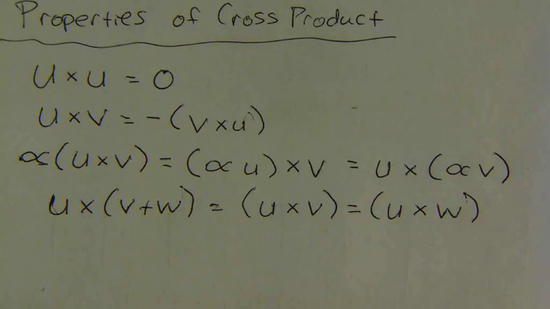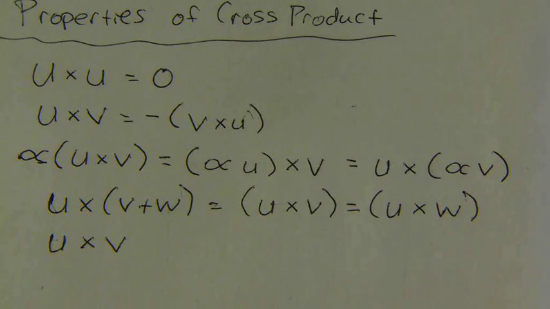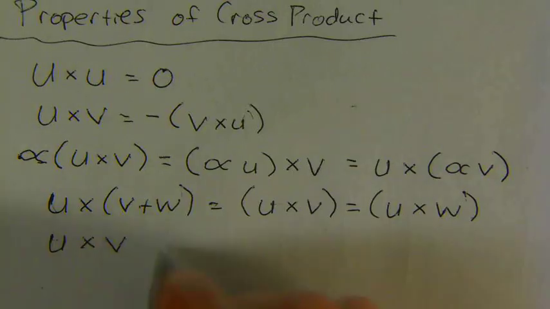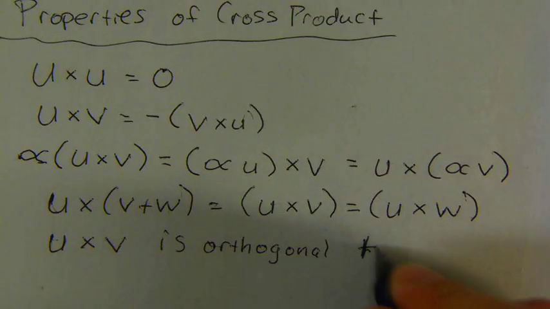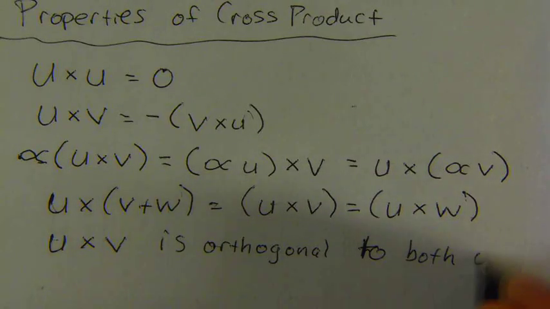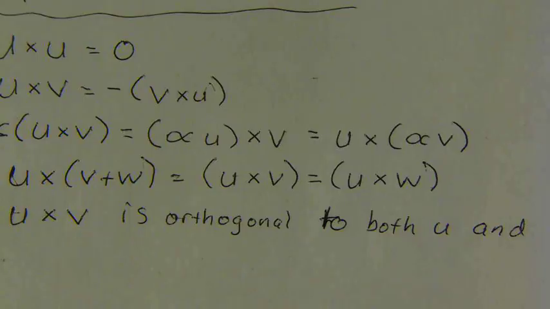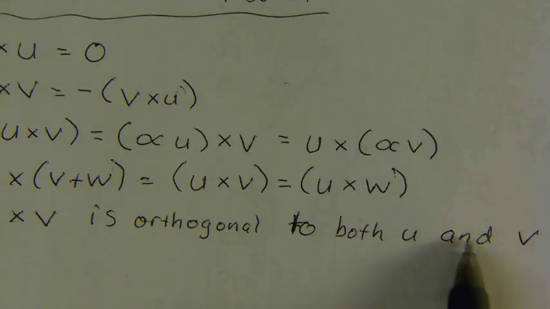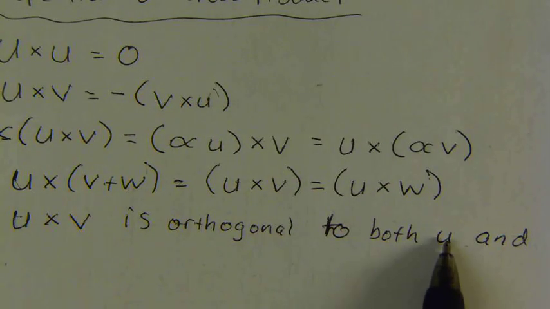Okay, this next one is important regarding your assignment. The cross product of u and v is orthogonal to both u and v. Okay, so when you've got vectors u and v, and you do the cross product of them, the vector that you get as the answer is orthogonal to u, and it's orthogonal to v.